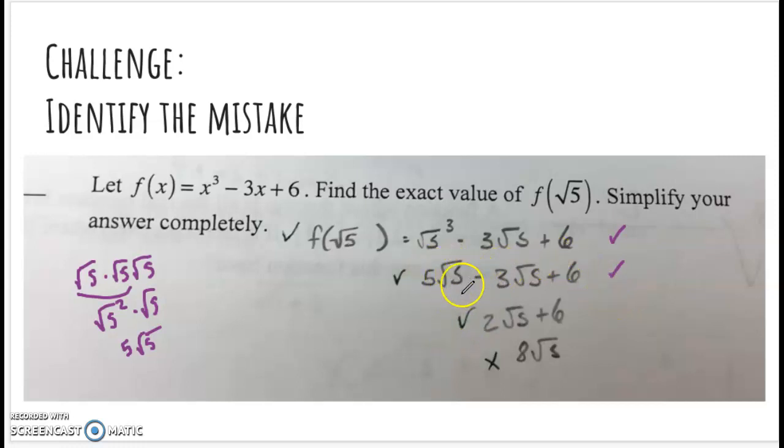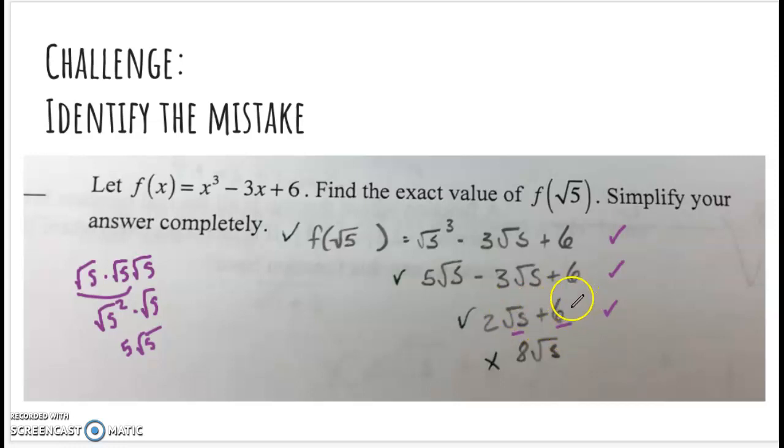So we've got 5 square root of 5 minus 3 square root of 5, and they got 2 square root of 5 plus 6. So no, that looks good so far. And the last step, 2 square root of 5 plus 6, 8 square root of 5. What did they do? They combined unlike terms, right? They don't have matching labels.